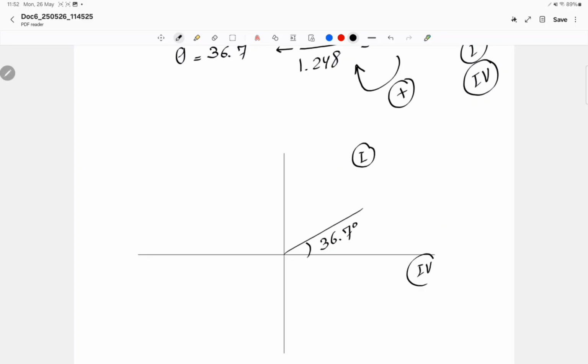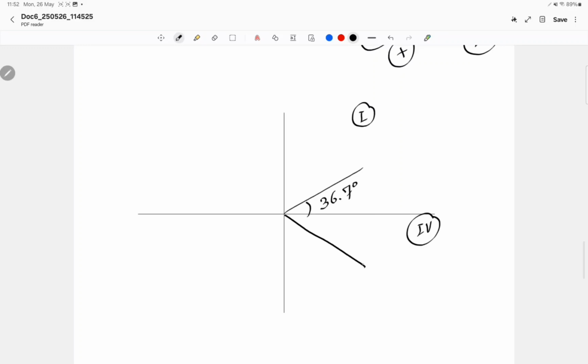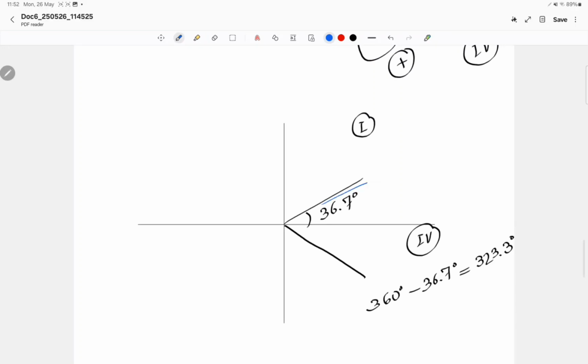And in quadrant 4, which is this one, the angle is going to be found by doing 360 minus 36.7 degrees, which will be equal to 323.3 degrees. So we essentially have two angles, 36.7 in the first quadrant and 323.3 in the fourth quadrant.